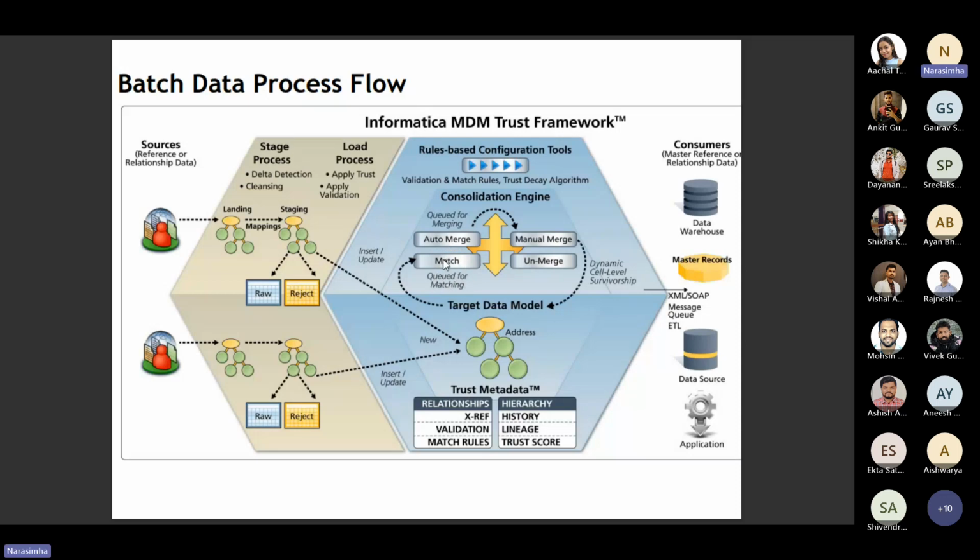Based on the match, we can then take a call on what will be done with those matching records in the next layer, which we call merge. Let's say we need to convert matching records to a unique record. Then we use either auto merge or manual merge. This decision will be based on the kind of rules that we define as part of the match layer itself.